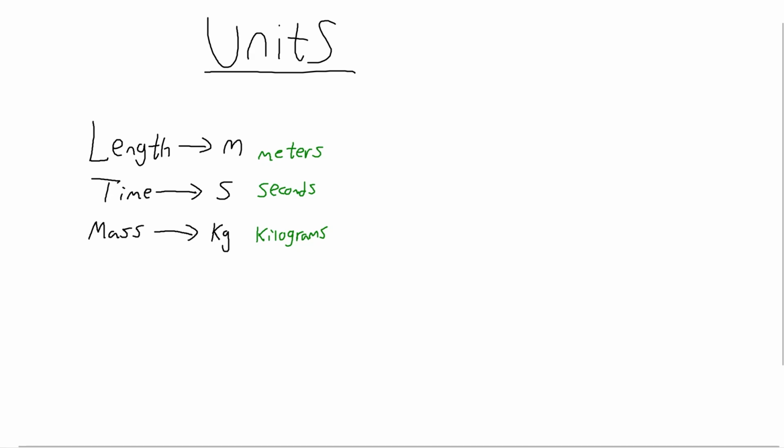Units aren't just some decoration that we put at the end of an answer. You can actually use them for problem solving to make sure your answer makes sense. Say that you have velocity, which is the change in position over the change in time. Well, the units for position or length is meters. And the units for time is seconds. So that means the units for velocity are meters per second.